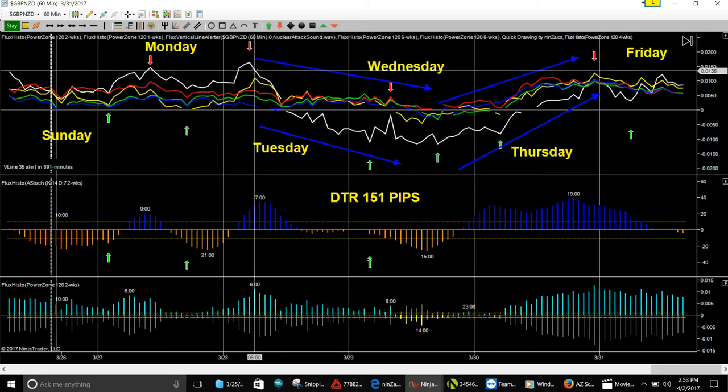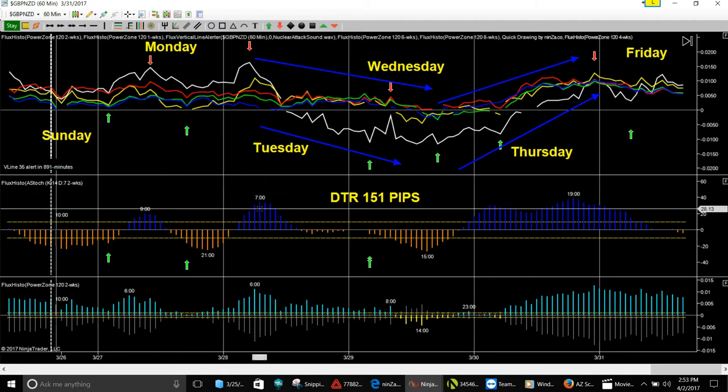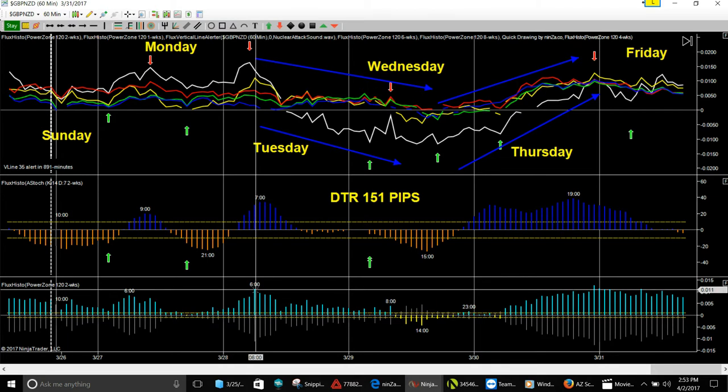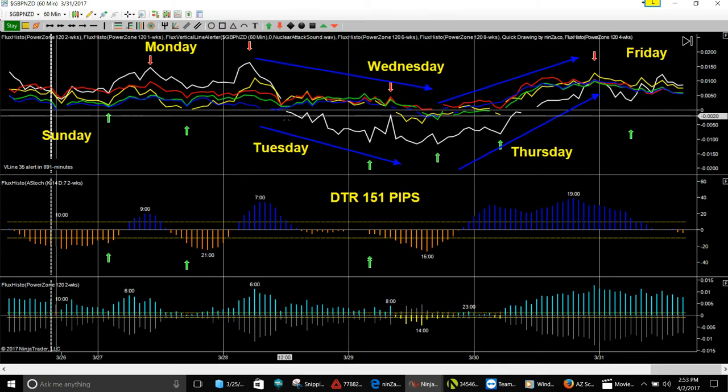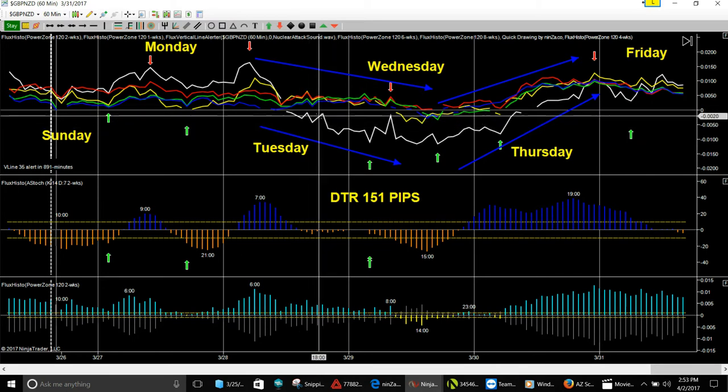Triple confirmation. You got the lines here, you got the histogram here, and then you got the power zone down here. All right, so it looks like pretty much triple confirmation, and it looks like we're going down. But it's still bumpy going down here.